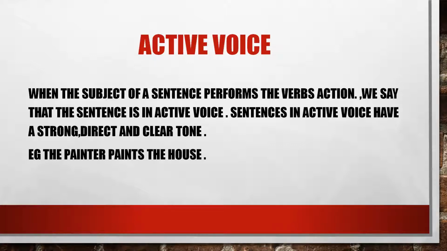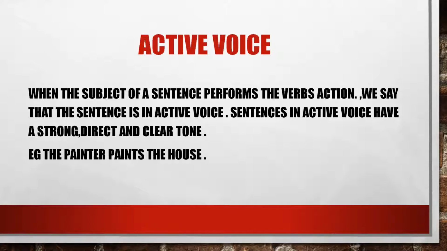Active voice. When the subject of a sentence performs the verb's actions, we say that sentence is in active voice. Sentences in active voice have a strong, direct, and clear tone.